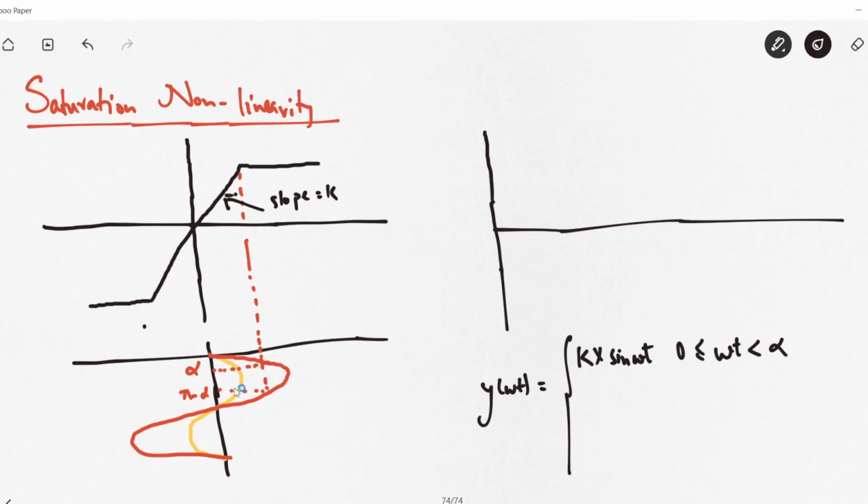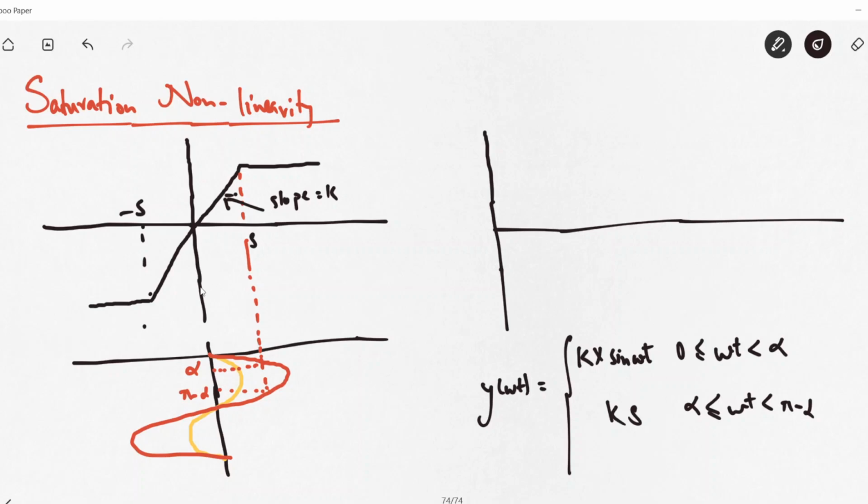From alpha to pi minus alpha, our output will be equal to ks, where s is this point here. So this is actually minus s, k is the slope of this curve. So it will actually saturate at s.